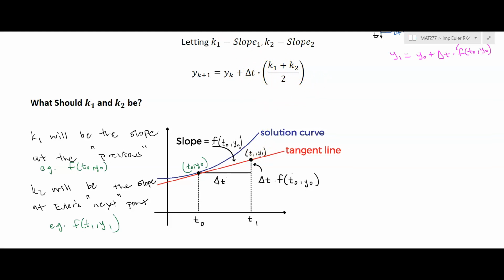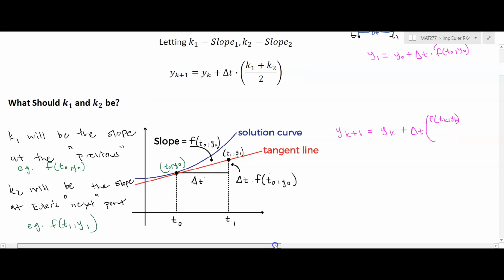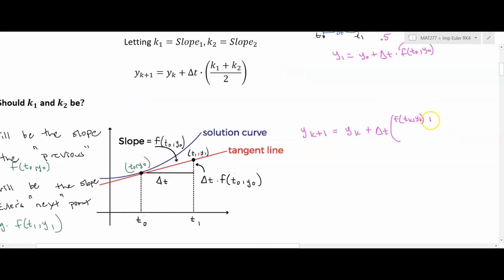So our formula, y sub k plus 1, will be y sub k plus delta t times, well, k1 is just the slope at the previous k, so I'll write this as f of t sub k comma y sub k, and that's going to be the average of that slope and the slope at the next point, which I'll write as t sub k plus 1 comma y sub k plus 1.